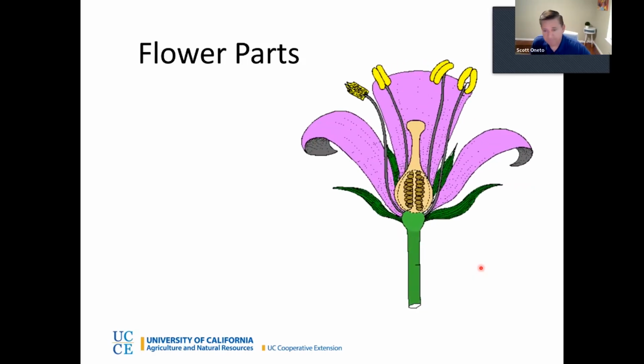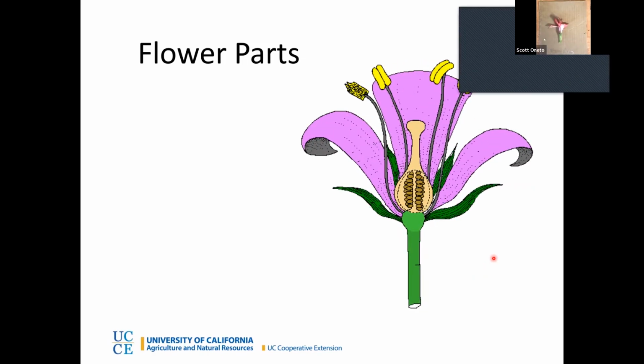So we'll go ahead and look at some different flower parts here. We'll start off with this Alstroemeria flower, which has the same flower parts that we're going to look at in the diagram here, so I'll show you both at the same time. Starting at the base of the flower, most flowers will sit on some sort of stalk called the pedicel.